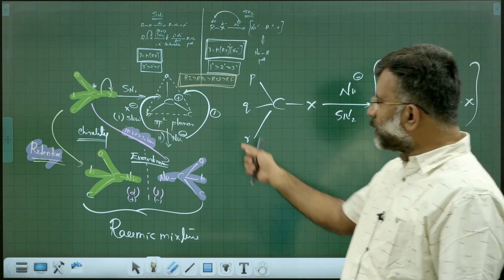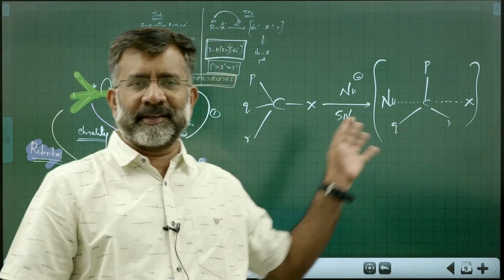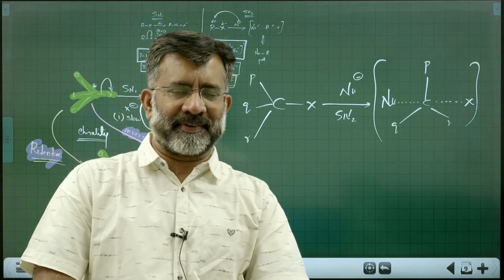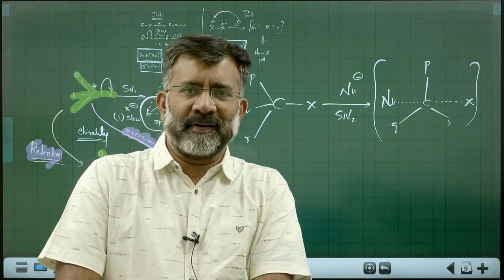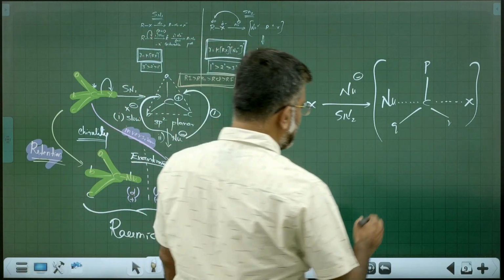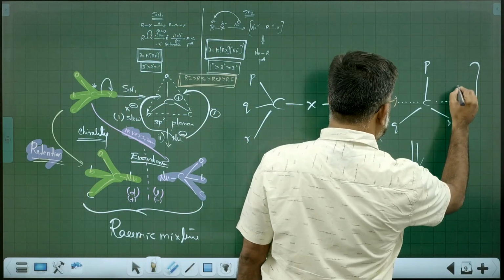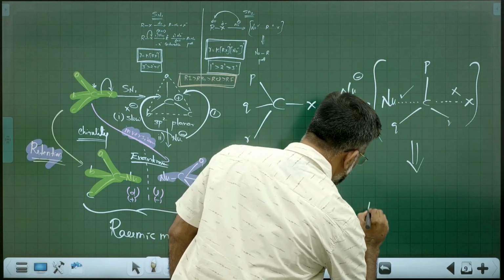Here you have two-side attack, backside or front side, in SN1. In SN2 it is only backside, because the front side is not vacant; X has not gone. So what is the result? X leaves, this bond is stabilized, and the result is like this.